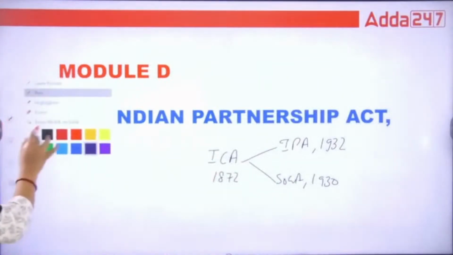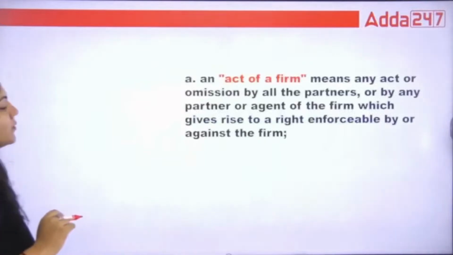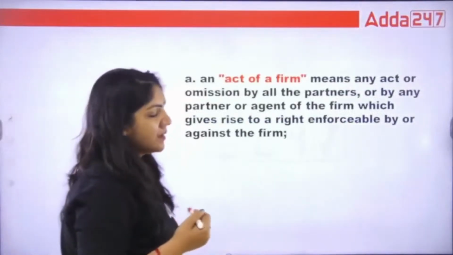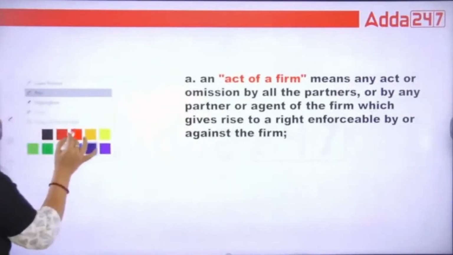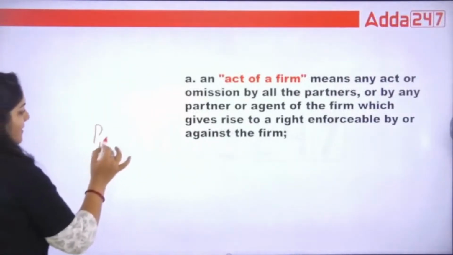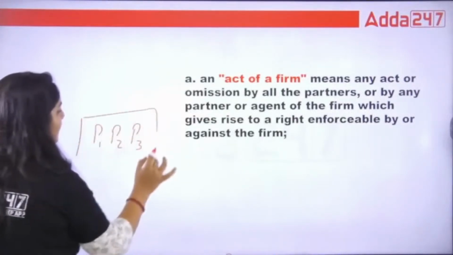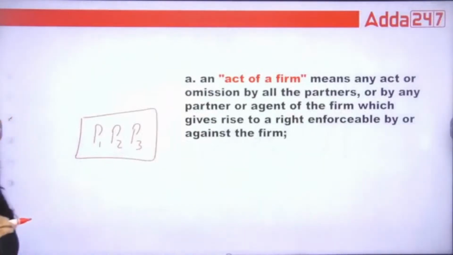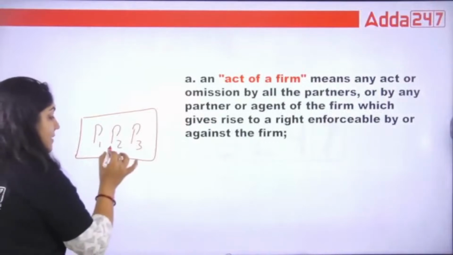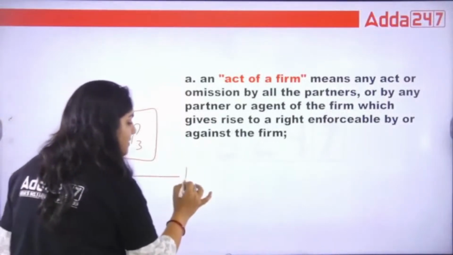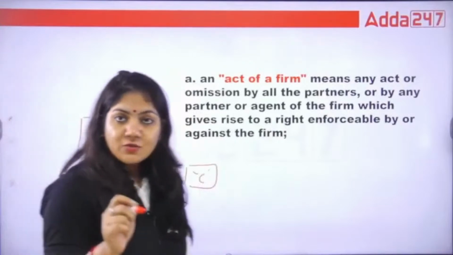Now, in the Indian Partnership Act, what is the act of a firm? Before starting this concept, suppose there are three partners, P1, P2 and P3, in the partnership firm. Suppose P2 is doing business with a company.